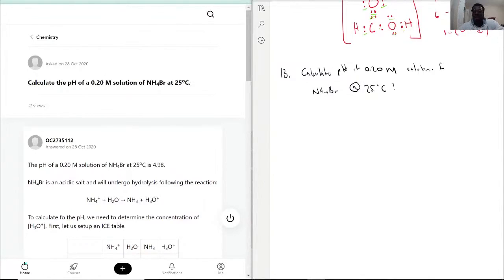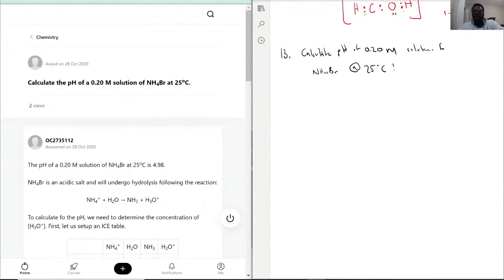So for this question, we have to really understand what exactly is going through the equation. What do we end up with? NH4Br, realistically speaking, will dissociate in two steps. NH4Br typically dissociates completely into NH4 plus and Br minus.